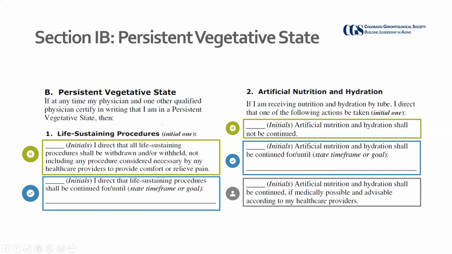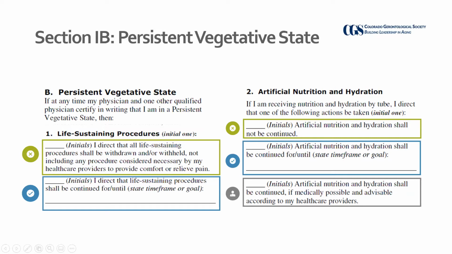So now section 1B, this is specifically for a persistent vegetative state. This is not a coma. This is beyond a coma where we're not going to wake up from this state and be the person that we were prior to this vegetative state. So just like a terminal condition in the previous questions, we're going to answer the exact same questions.